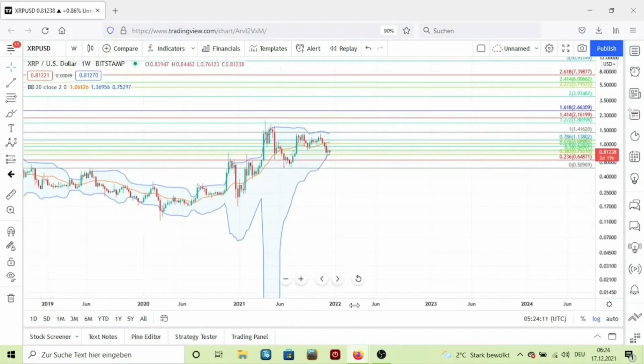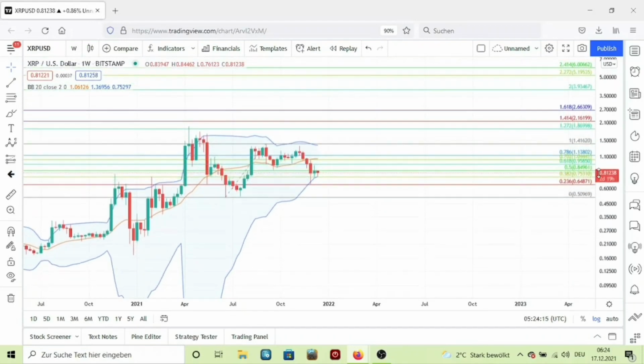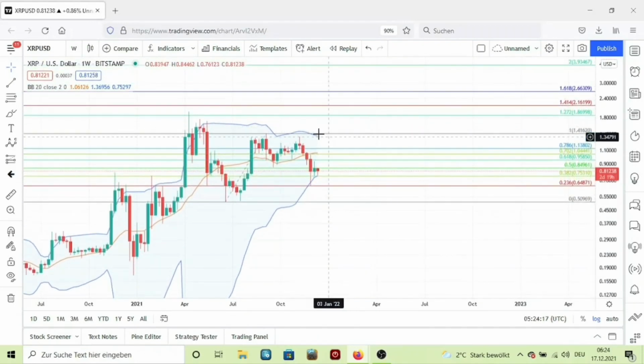And if we check it now, it's quite coiling up here. It's very, very close, those two levels. It's pretty much like here, you can see, or here.